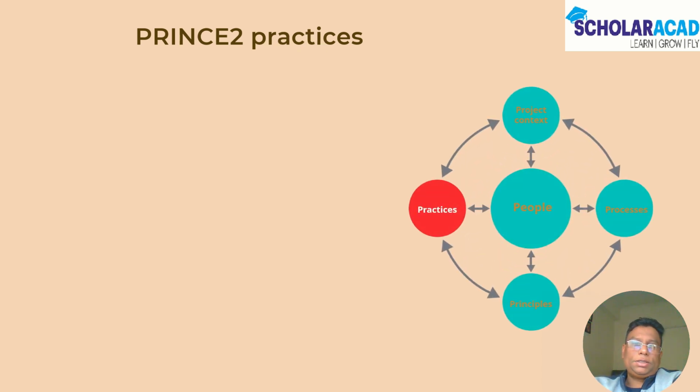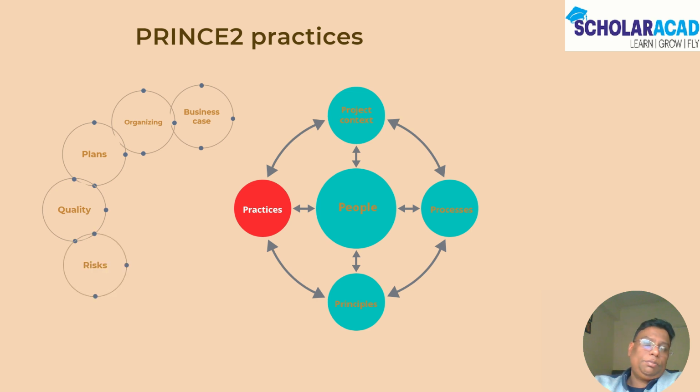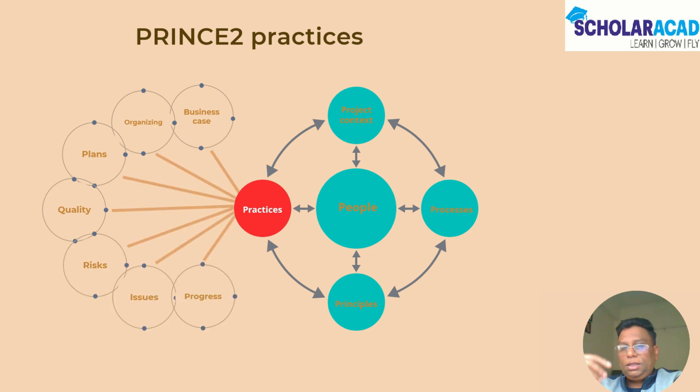Next are practices. There are 7 practices, which focus majorly on business case, organizing, plans, quality, risk, issues, and last is progress. These are the 7 practices which help support how you perform activities during the project processes.